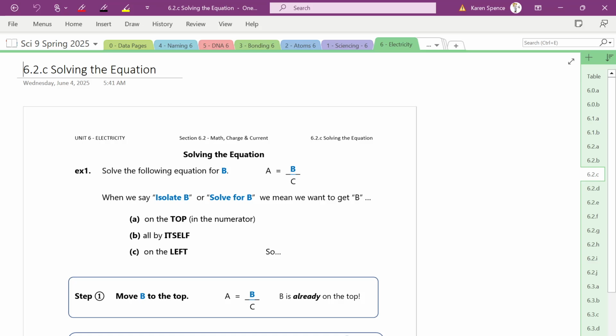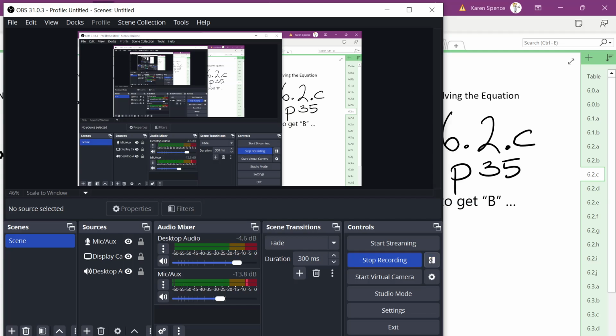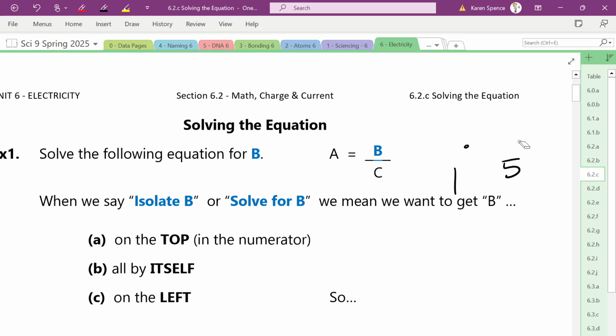You can go find all the other people and bring them back. Why do you have like 6 medium lines? 6.2c, page 35.